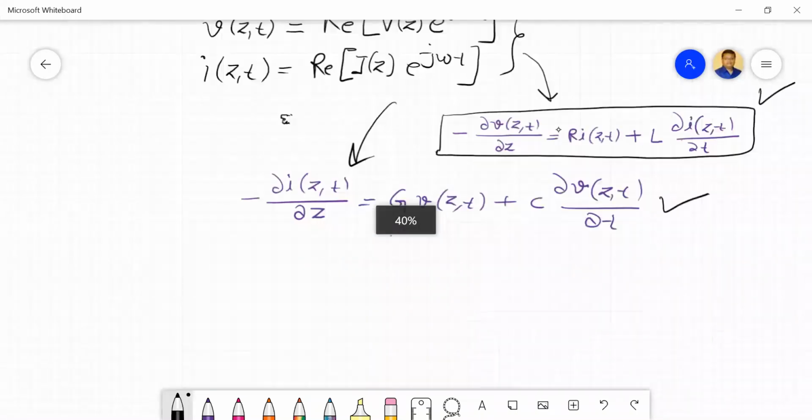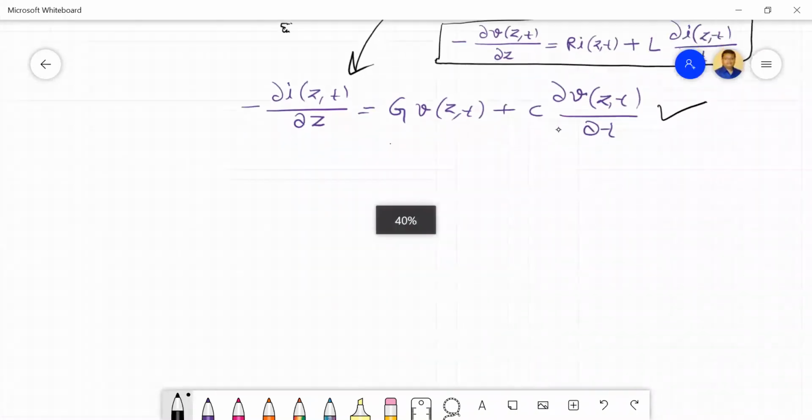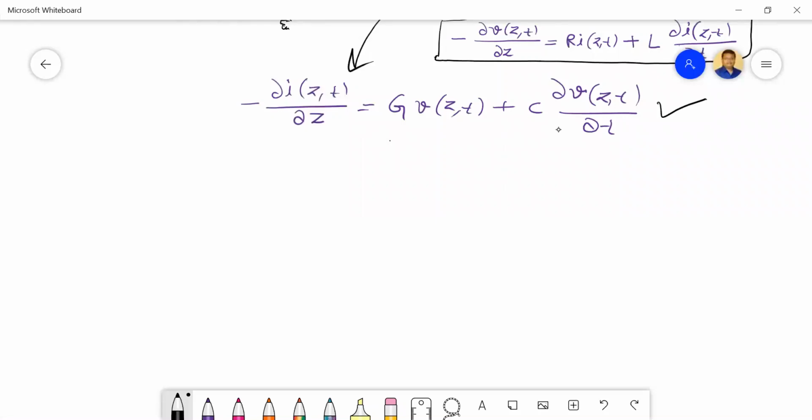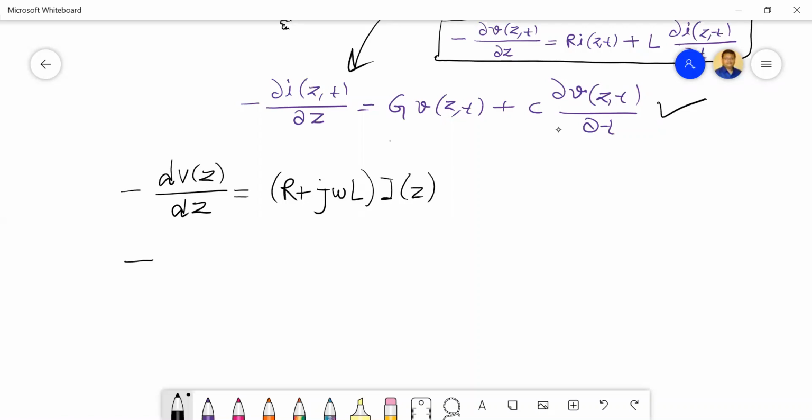Now if you do this, you can rewrite these two equations as the time harmonic transmission line equations like this: minus dV(z)/dz is equal to (R plus j omega L) I(z), and minus dI(z)/dz is equal to (G plus j omega C) V(z).